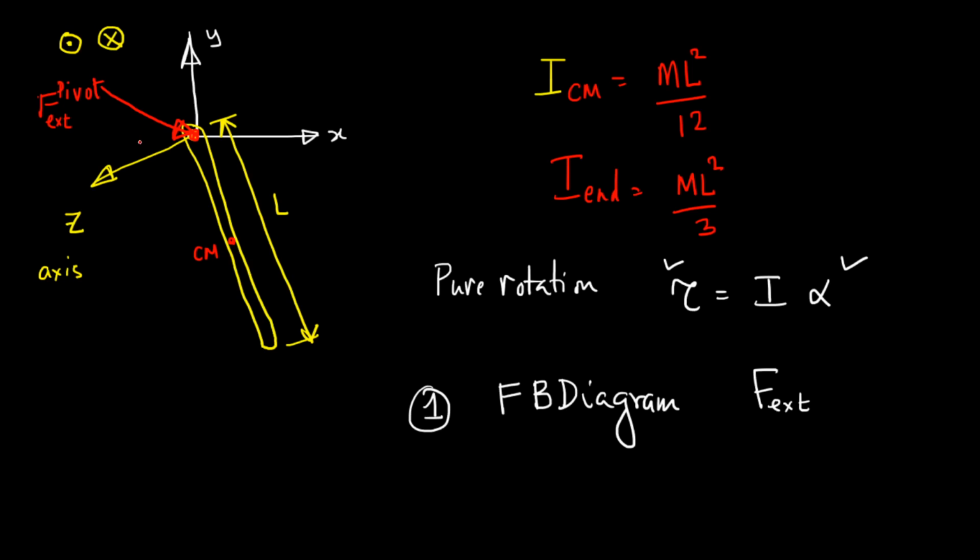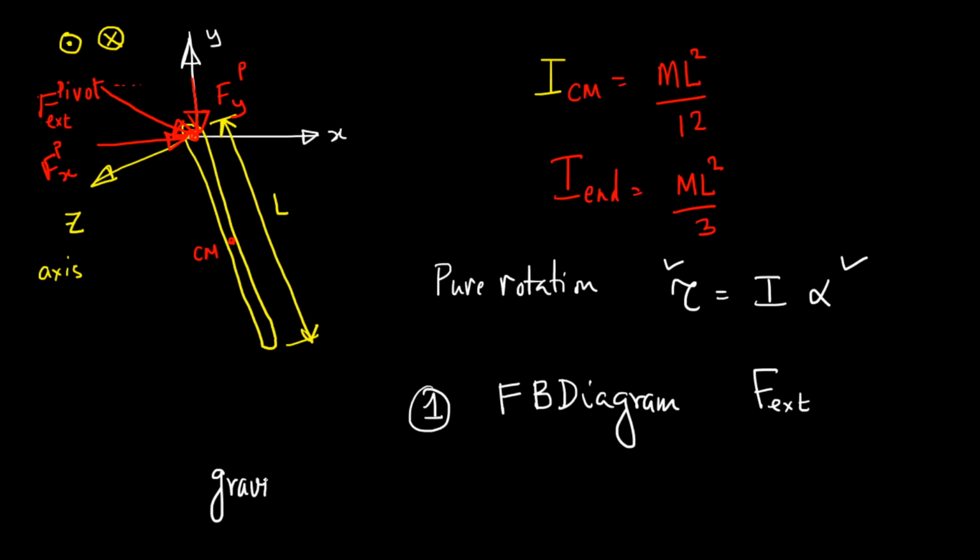Now this consists of maybe one force in the x direction, and one force in the y direction. So we can split up this force into two forces, Fx and Fy. So these are external forces coming from the pivot onto the scale. But what is the other force? The other force is due to gravity.